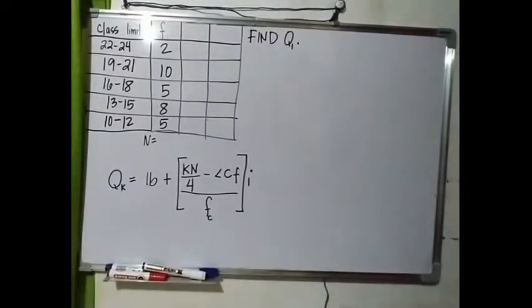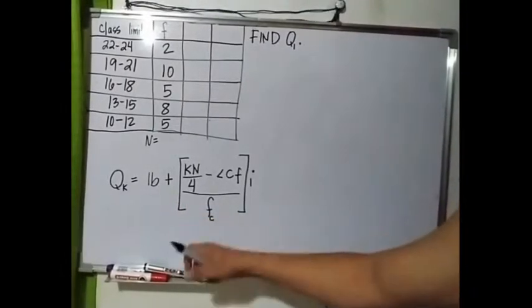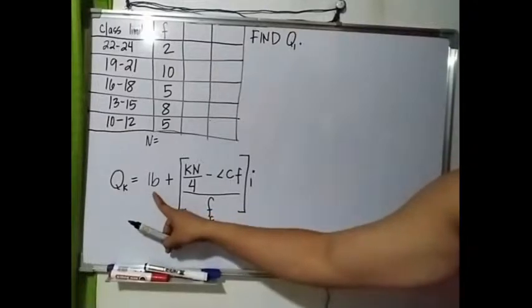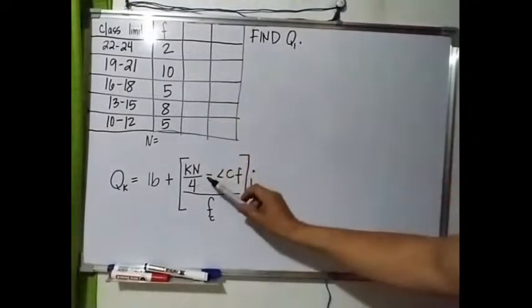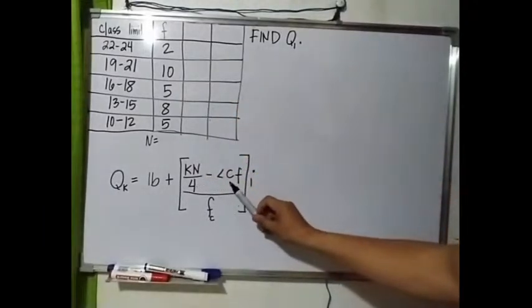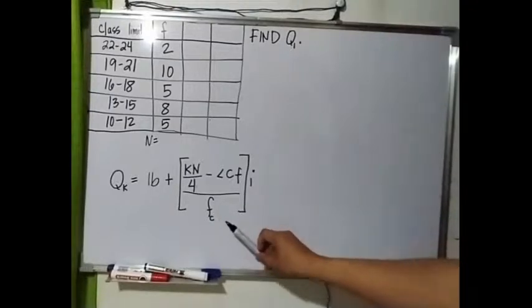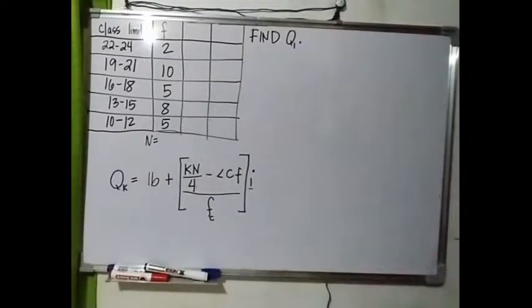So formula, that is Q sub K, ito yung gamitin nyo na formula, madali lang ito. So Q sub K equals lower boundary LB plus K times N over 4 subtract less than cumulative frequency over frequency of the quartile interval times this one, I is interval.